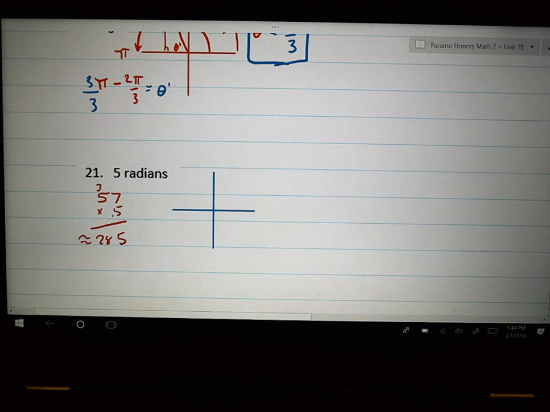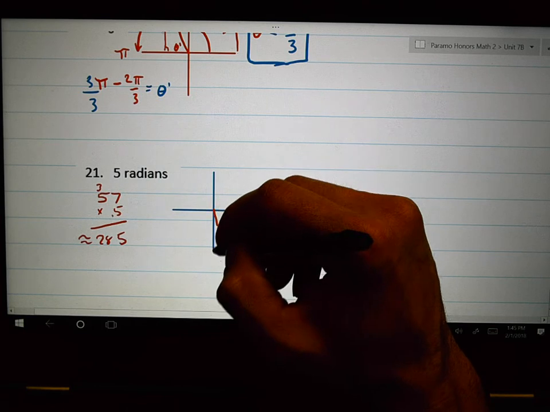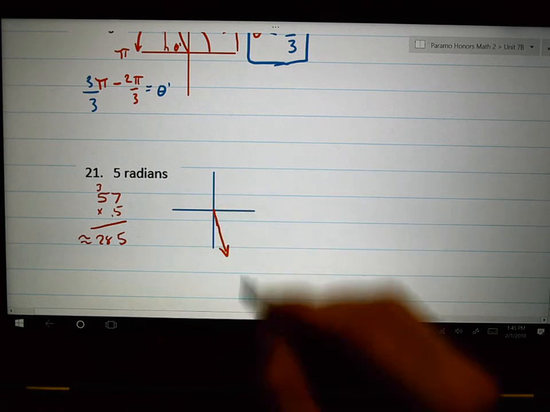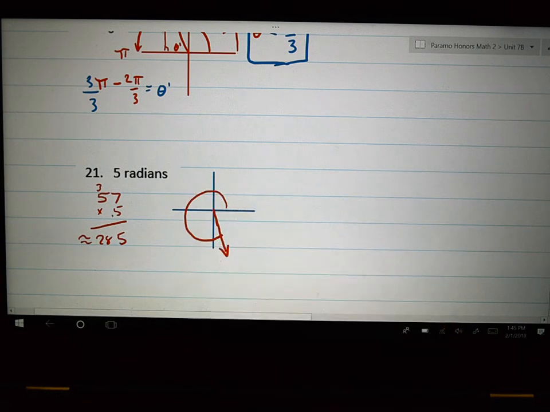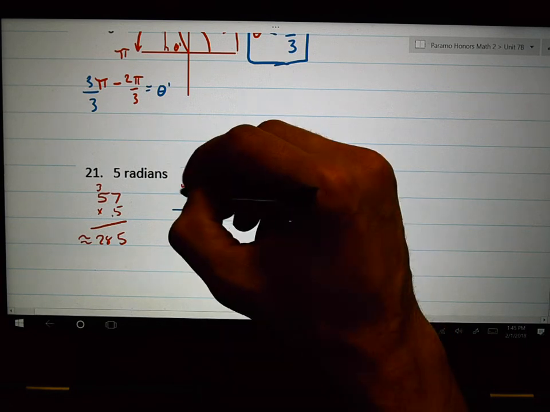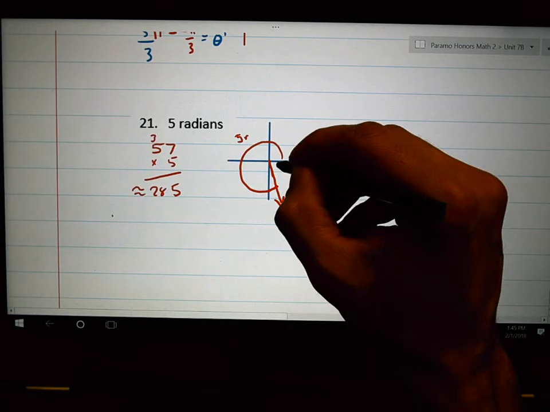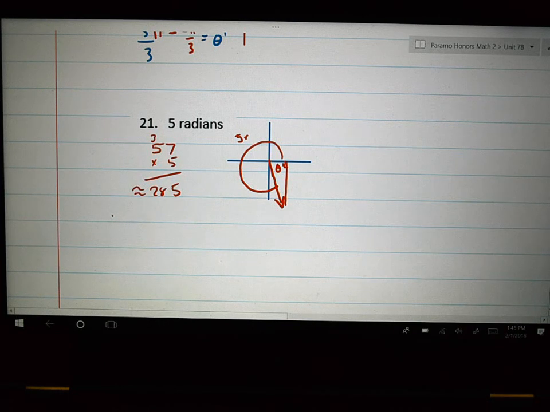Just so I kind of know where it is. I already know what quadrant that's in. This is 270. So 5 radians must be from here to here. Theta prime is the angle that's formed between this and the x-axis.